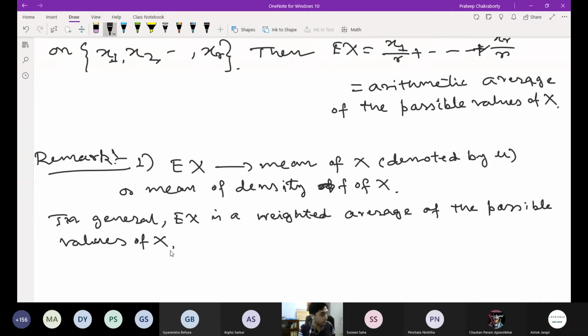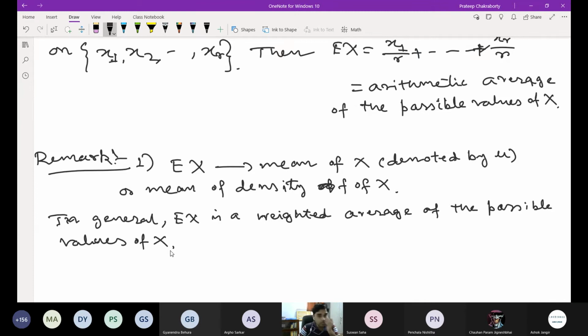And also you see that the density is defined at each point or over some interval. So by Ex, we are actually trying to summarize a probability distribution by a single number, that is the Ex.